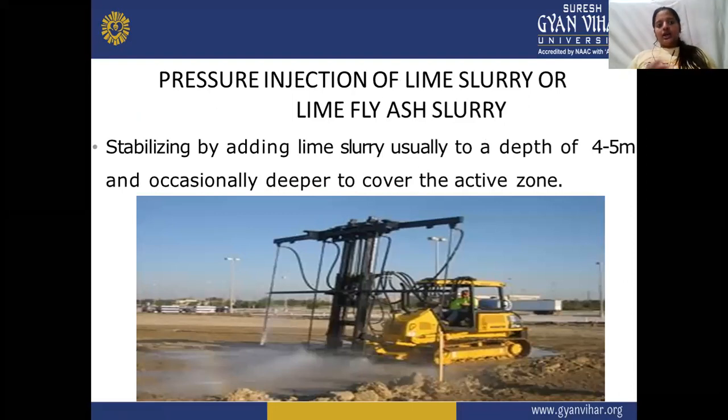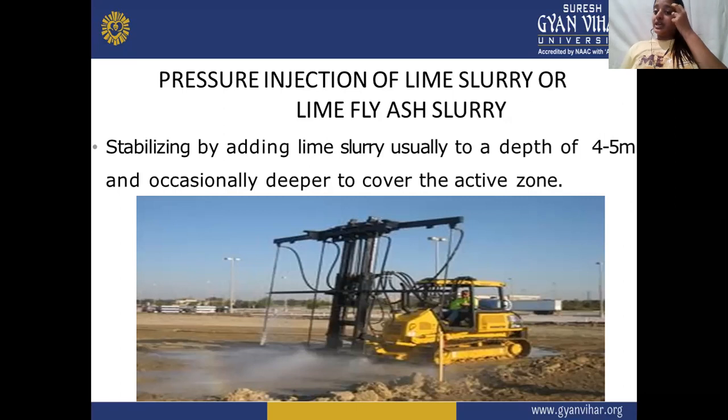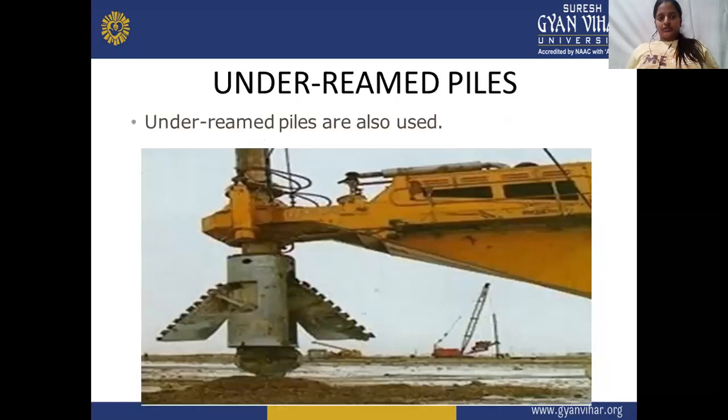Then stabilizing by adding lime slurry, usually to a depth of 4 to 5 meters, as we know that the active zone is 3 meters, and occasionally deeper to cover the active zone. If the structure is extremely vulnerable, then you can go deeper than 4 to 5 meters if required. But this process is costlier and becomes expensive for the construction.